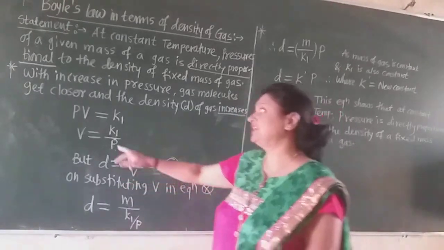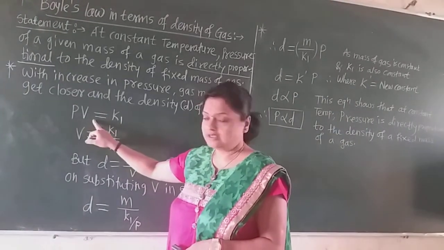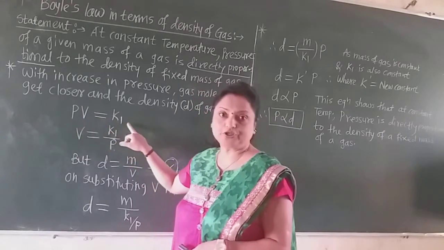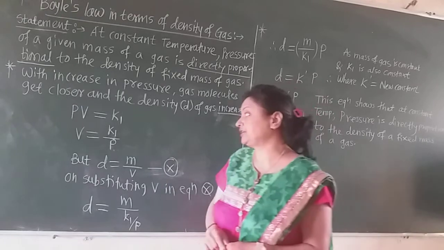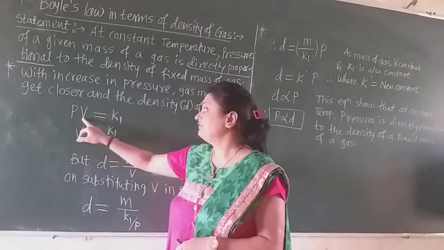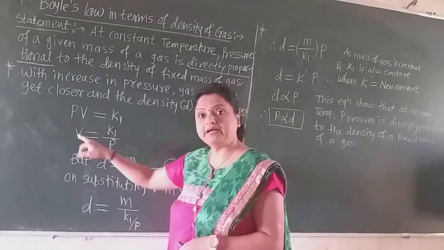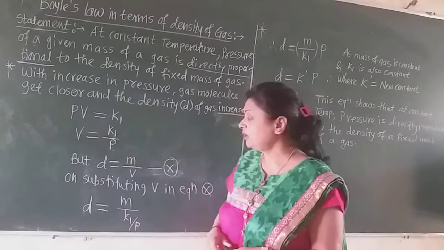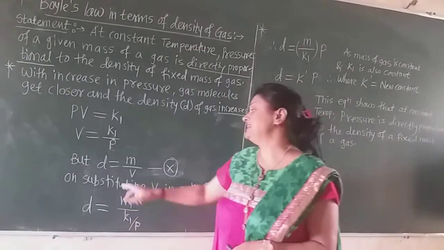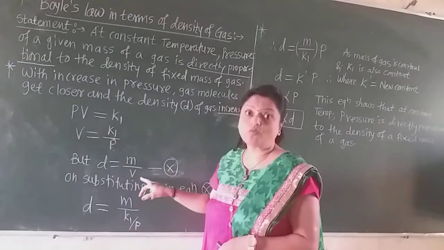Now we know Boyle's law: at constant temperature, the product of the pressure and volume is equal to a constant, K1. Arrange this equation as V is equal to K1 divided by P. But we know that density is equal to mass upon volume.